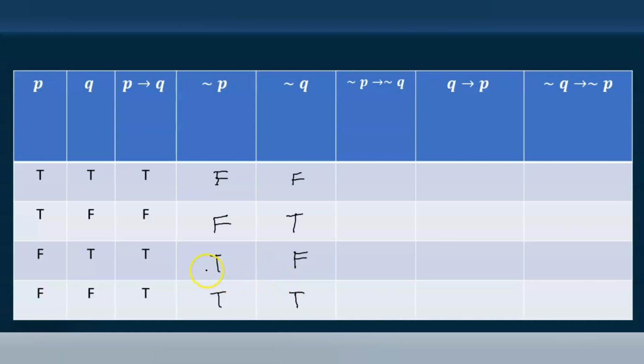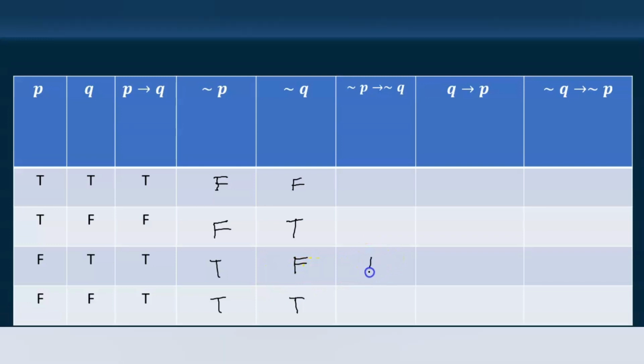Let us now focus on the column for not P implies not Q. We need to refer to this particular row wherein not P is true and not Q is false. This is the only case when not P implies not Q is false. The rest would be true.